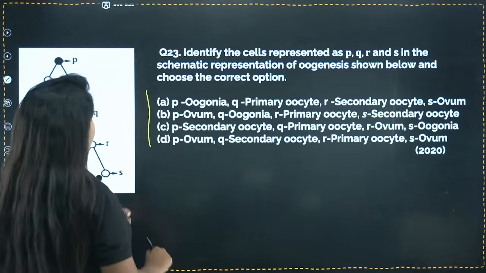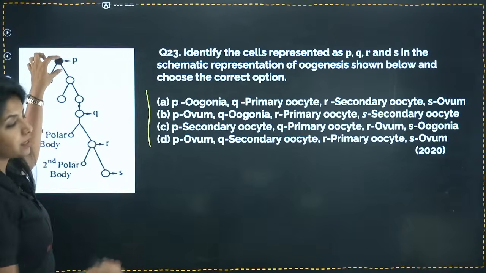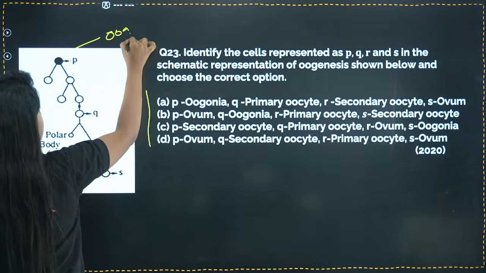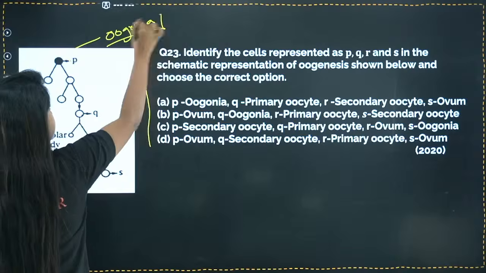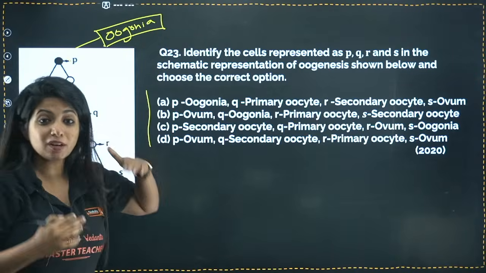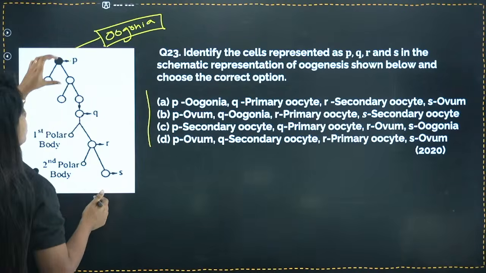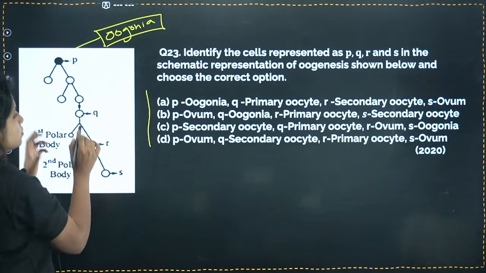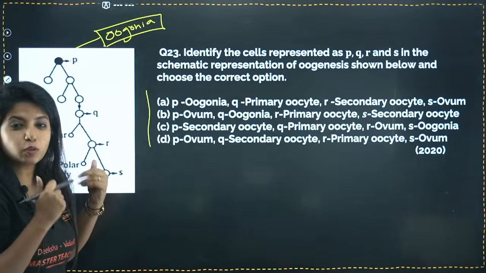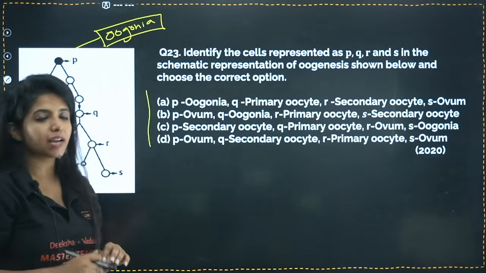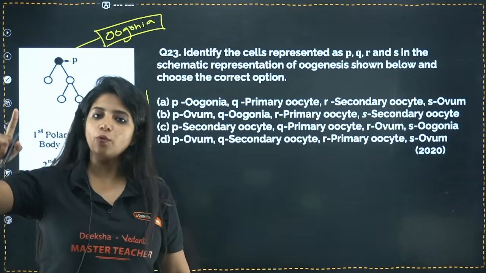So listen to me, over here, this particular cell which is there, it is going to be oogonia. Now, oogonia is the one which is going to undergo mitosis and increase its number. Now, when it does, one cell which it forms becomes specialized or differentiated, and thinks that I am going to become the future ova one day.